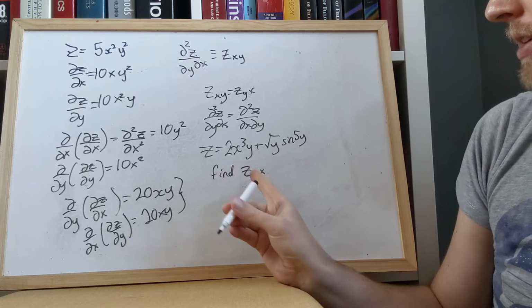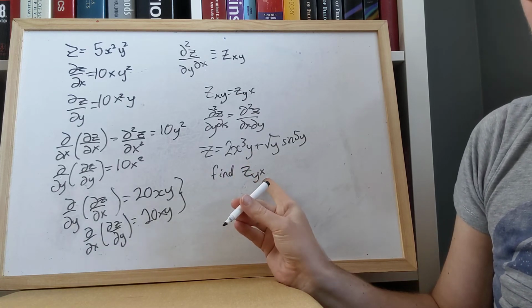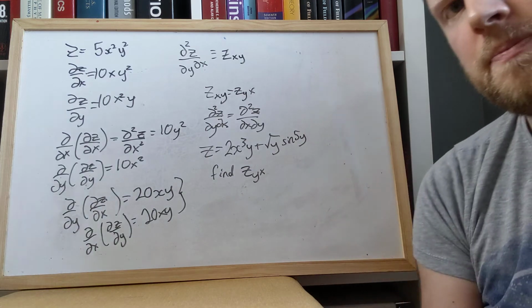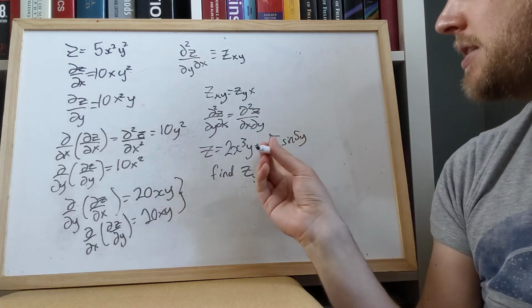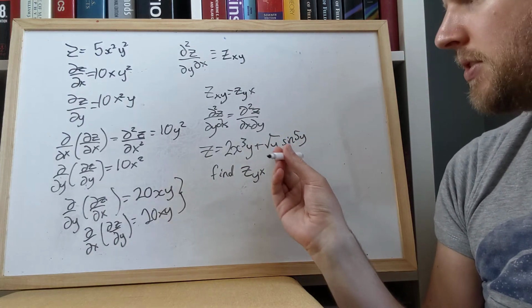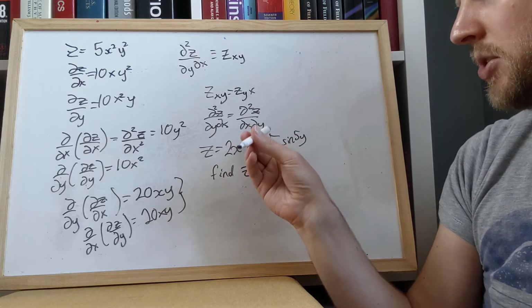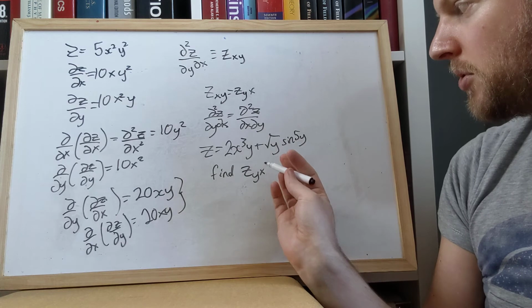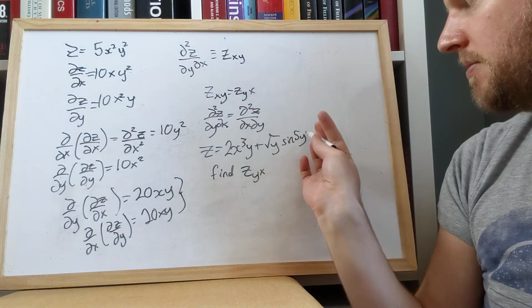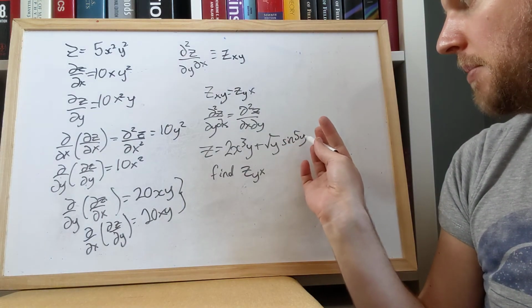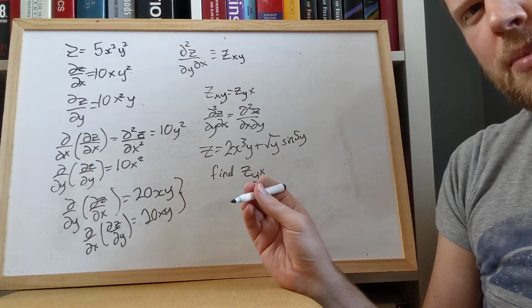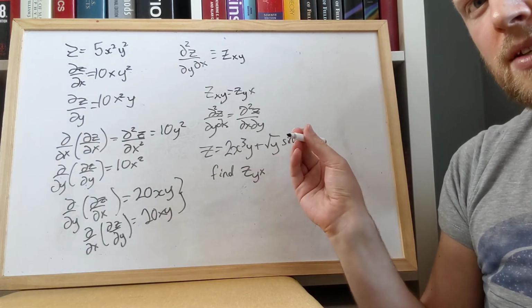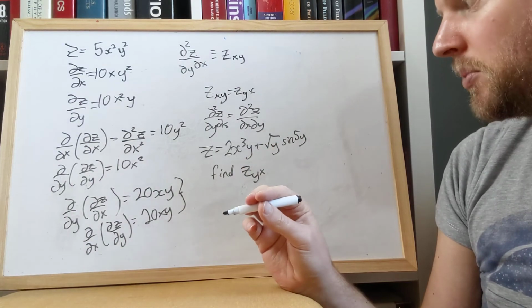In other words, I want to differentiate with respect to y and then with respect to x. Now, if we differentiate this with respect to y first, the first term would be quite easy, that would just be 2x cubed. But here, we've got a product, we'd have to use the product rule, and then chain rule again for the sin 5y bit. It's going to just take a little bit of time. If this was more complicated, then it would be even worse.